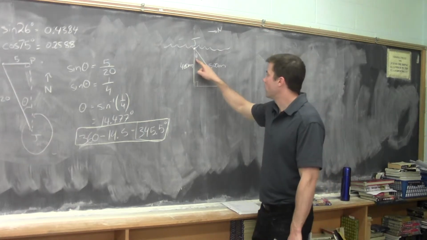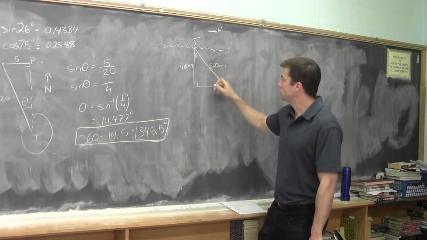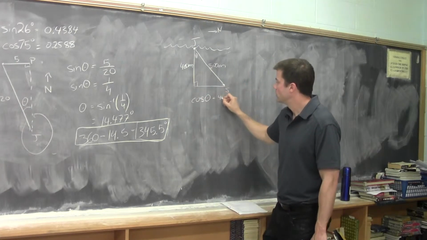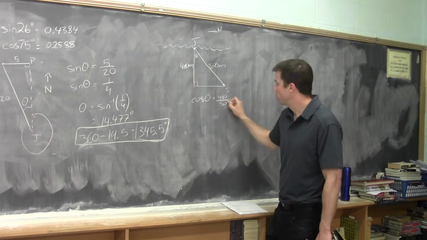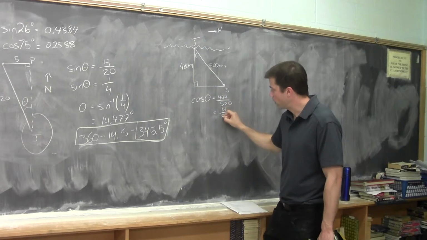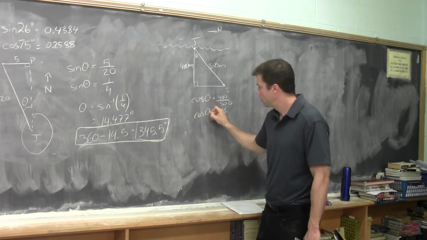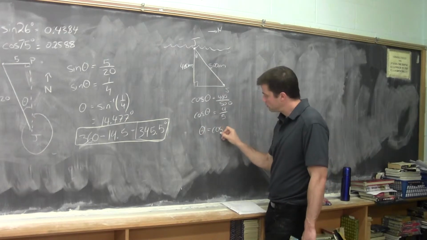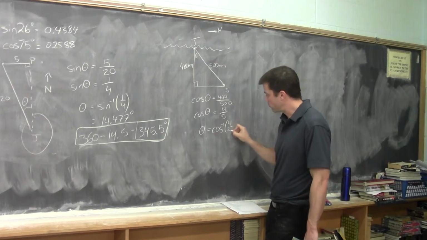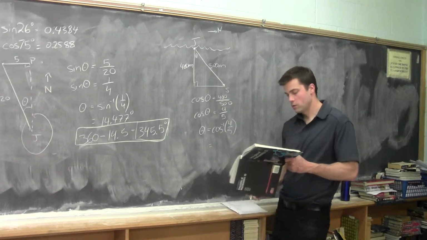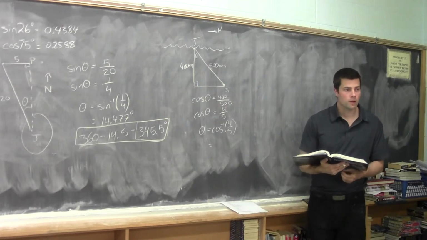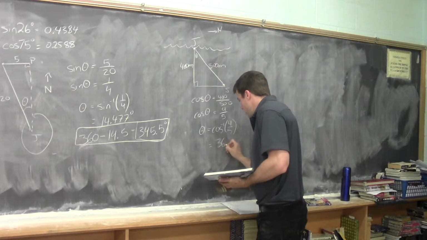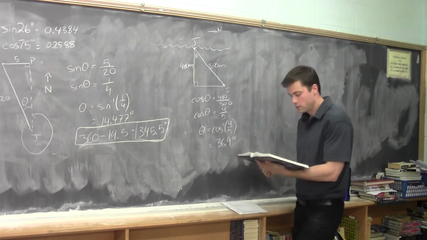Cosine, good, because we have the adjacent side and we have the hypotenuse. So we're going to say cosine theta is equal to adjacent 400 over hypotenuse 500, which is the same as 4 over 5. So to solve for that, we say theta is cos inverse 4 over 5, which is equal to, yeah, Sebastian? 36.9. 36.9 degrees.